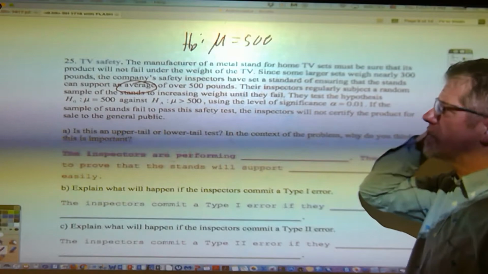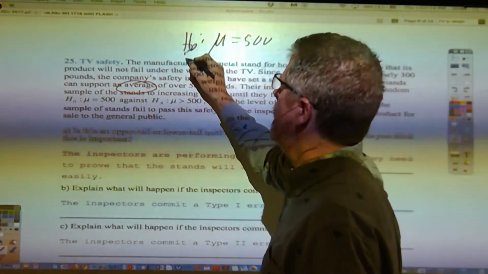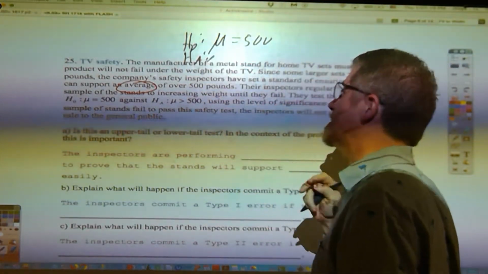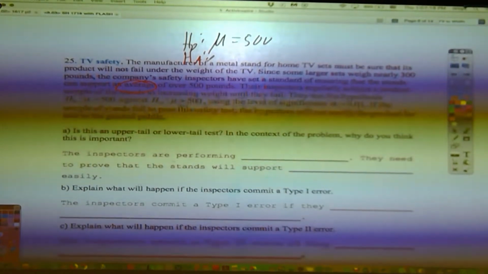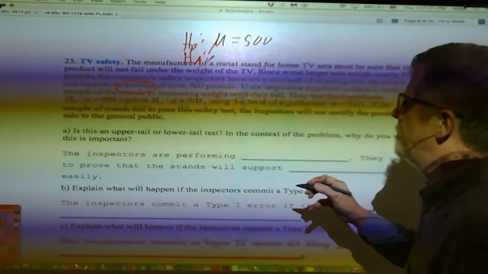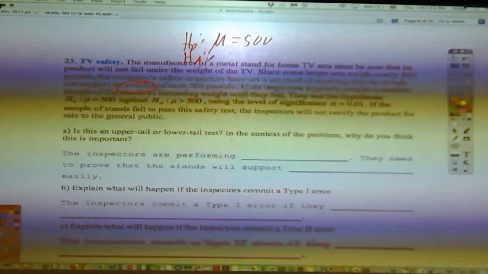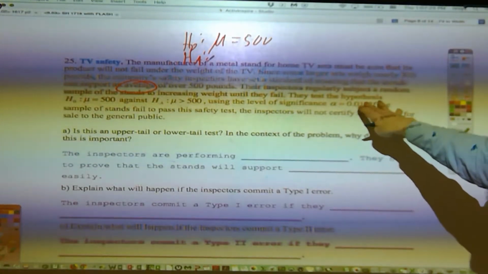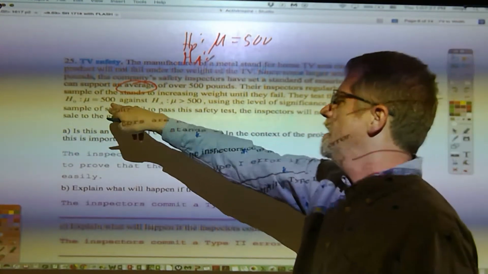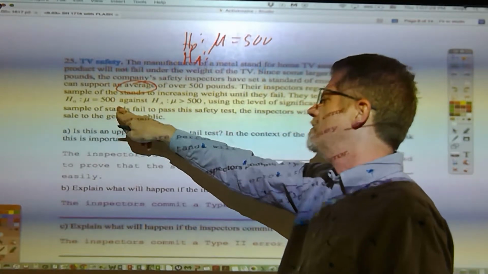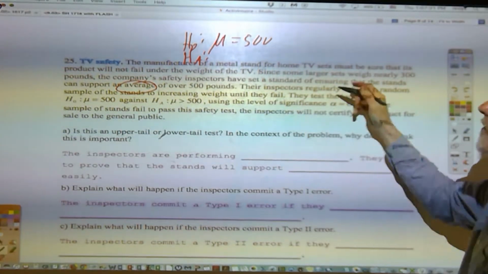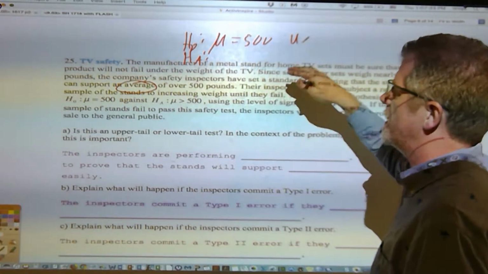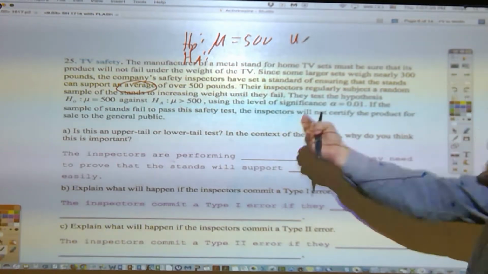The true mean is assumed to be 500, and so we assume it's safe. And if there's sufficient evidence that, oh wait, hold on, no, we're actually assuming that they're weak, because they test the hypothesis that they're going to break at 500 pounds, which is unsafe. We want them to support over 500 pounds.